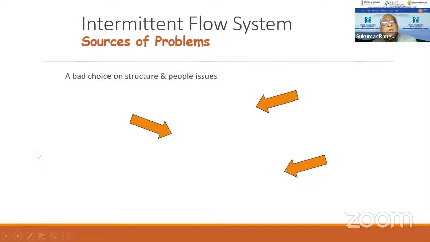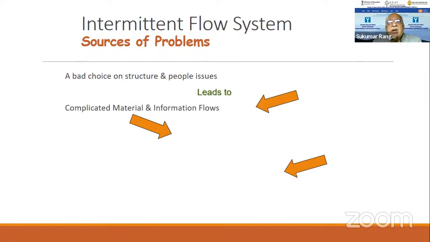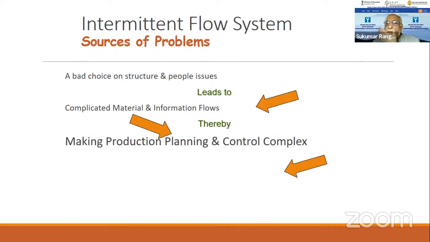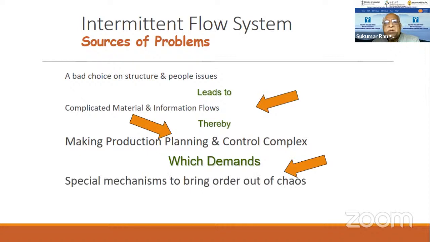Intermittent flow systems: the problems are, if you have a bad choice of structure and the correct people are not available who have the required expertise for those particular jobs, then you land up with complicated material and information flows, thereby making production planning and control complex, which demands special mechanisms to bring order out of chaos.